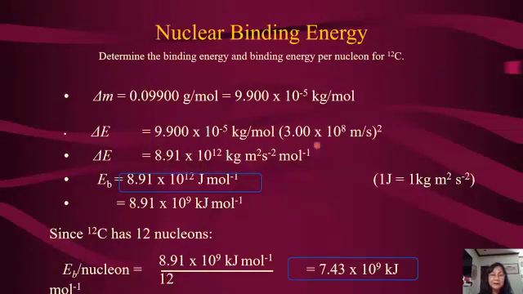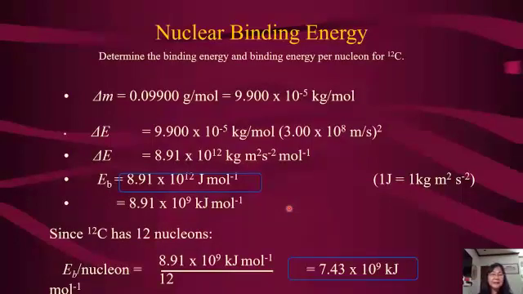The speed of light has a unit of meters per second. The mass times the square of the speed of light gives us a value equal to 8.91 times 10 to the minus 12 joules per mole. This is a very huge number. Let's convert the unit of energy into kilojoules, so it becomes 8.91 times 10 to the 9 kilojoules per mole.